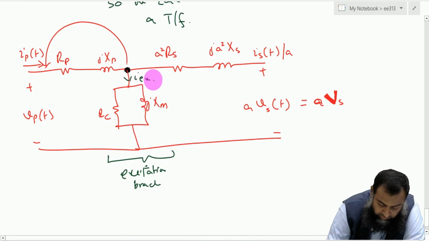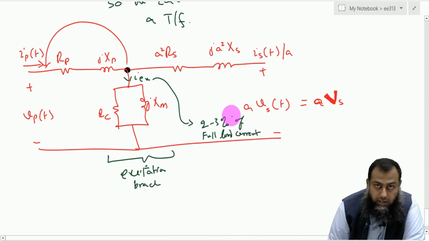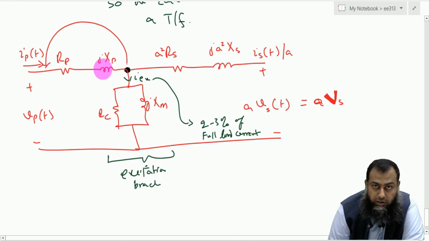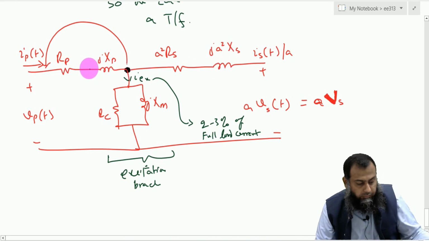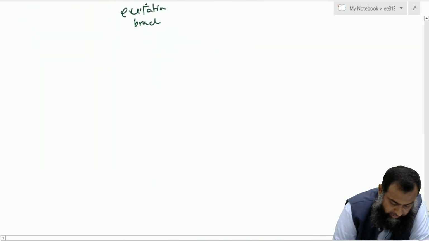This IX is usually 2 to 3% of the full load current, right? And therefore, if we assume that this current is negligible, then we can shift this onto this particular side, thereby allowing us to add these components such that they are connected in series. So there are certain equivalent circuits which are known as approximate circuits here.